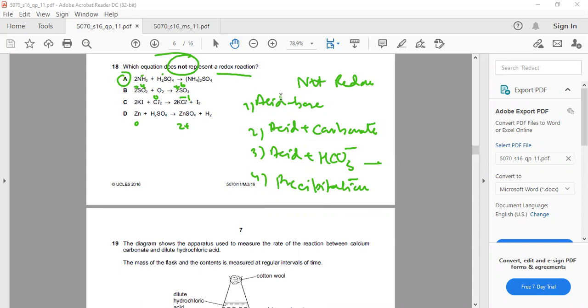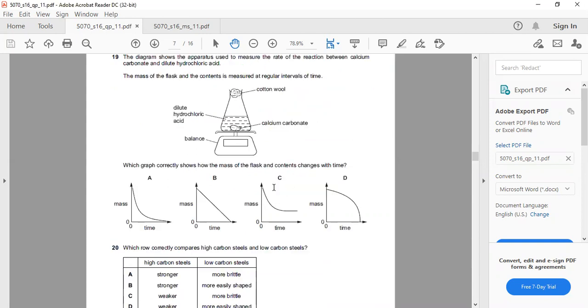Number 19 is about rate of reaction. So when zinc, calcium carbonate and hydrochloric acid react, you know the reaction. Carbon dioxide gas is given out. So gas is given out, mass decreases.